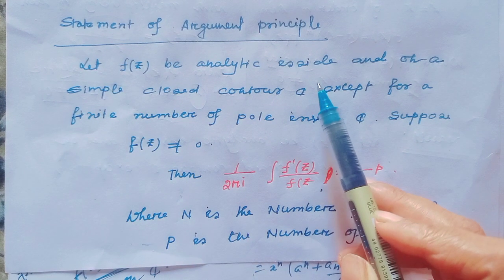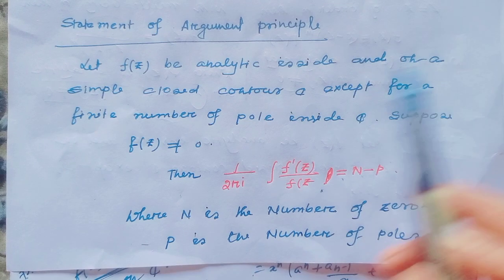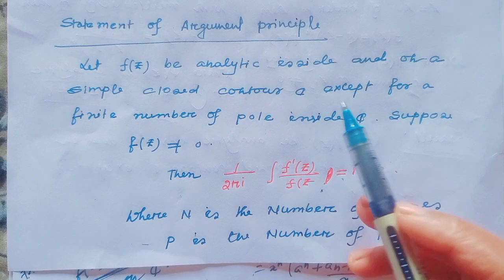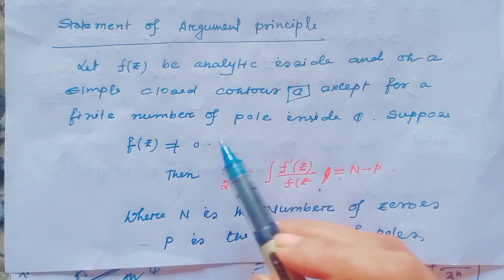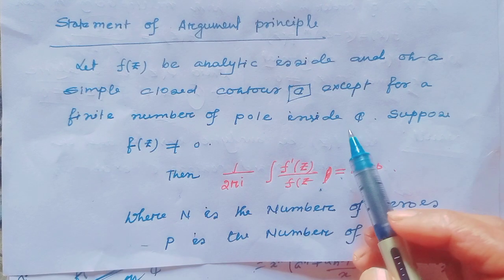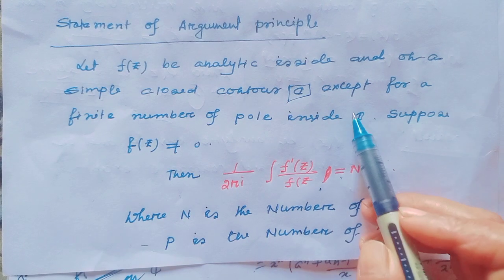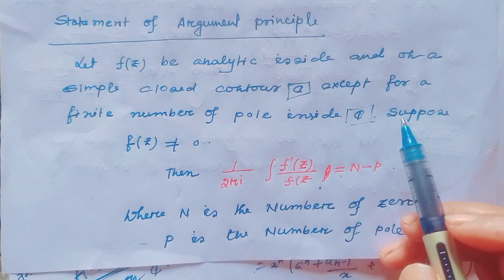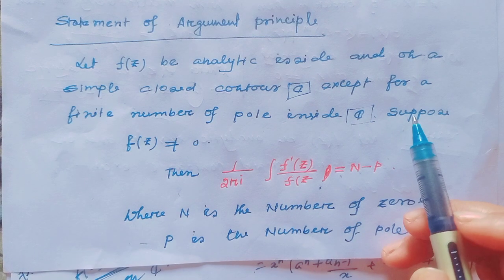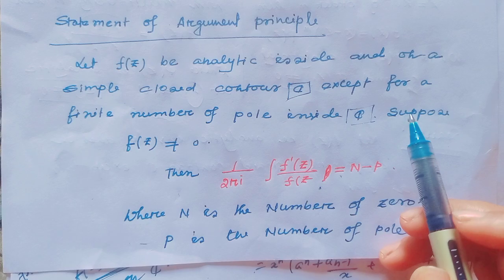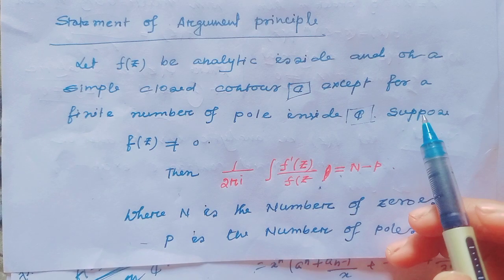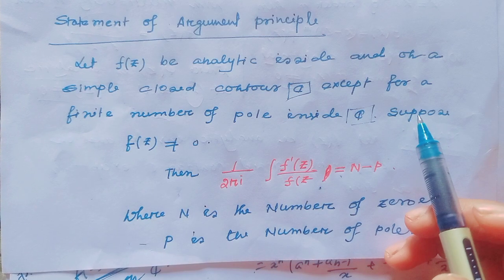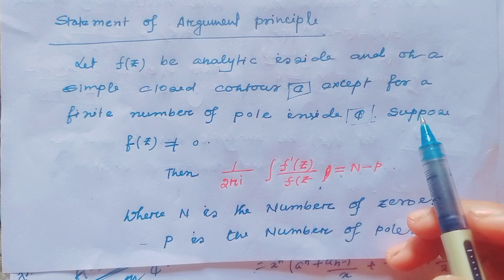Let f(z) be analytic inside and on a simple closed contour C, except for a finite number of poles inside C, because the argument principle is satisfied only for meromorphic functions, where the only singularities are poles.